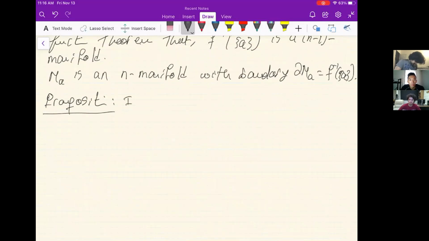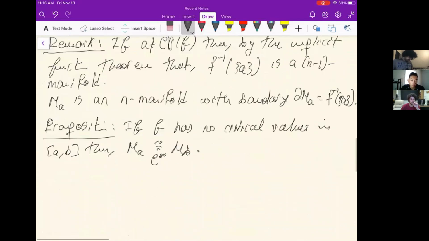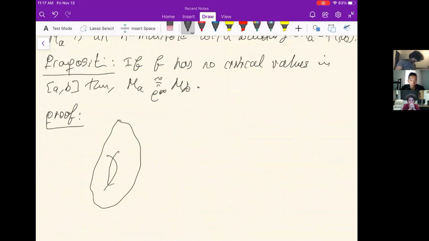If f has no critical values in the interval [a, b] in R, then M_A is diffeomorphic to M_B. Proof: that's definitely a sketch, but I will try to convince you.